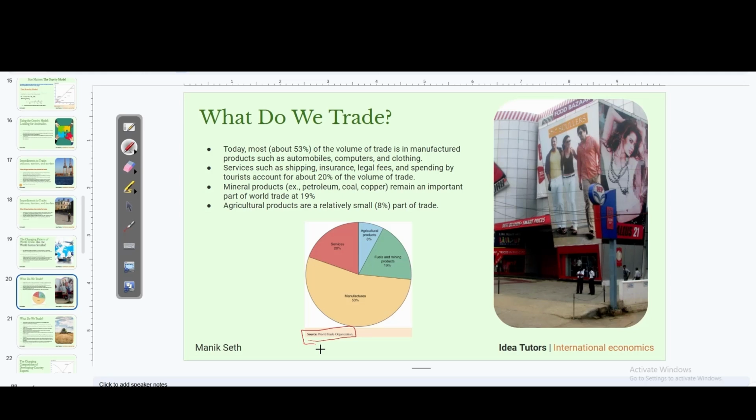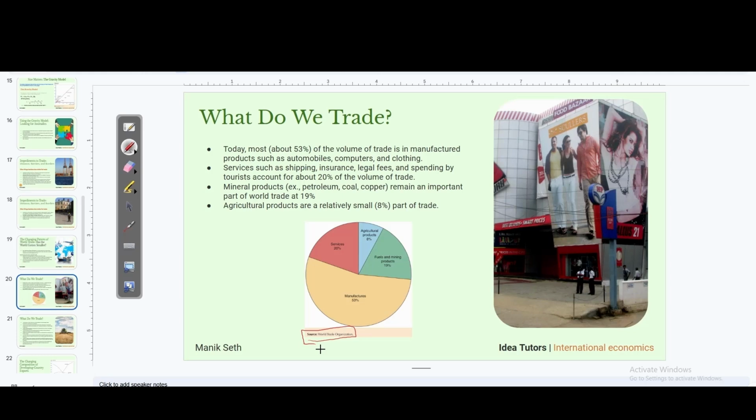This is according to this data, and the numbers might be different, but the idea of the proportion of how much is being traded is the same. Now, in the past, a large fraction of the volume of trade came from agricultural and mineral products.